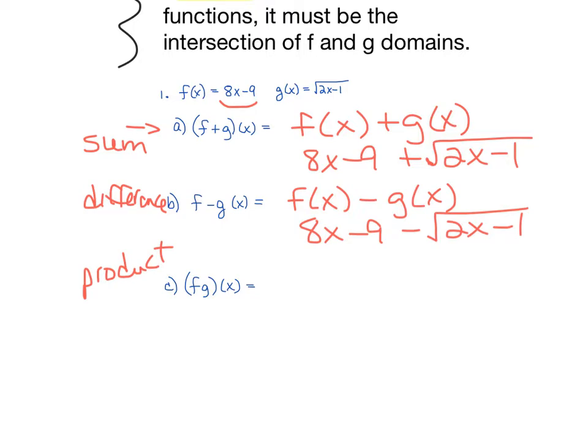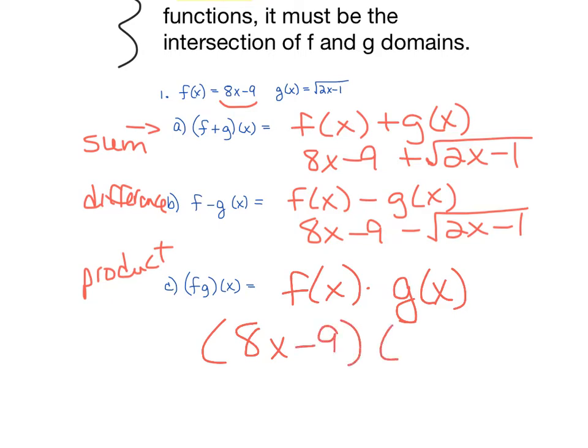By definition, this means the f of x function multiplied with the g of x function. And again, I'm just going to put them in parentheses. I do not have to multiply anything here, because I'm not going to multiply something outside a radical with something inside. So I'm done.